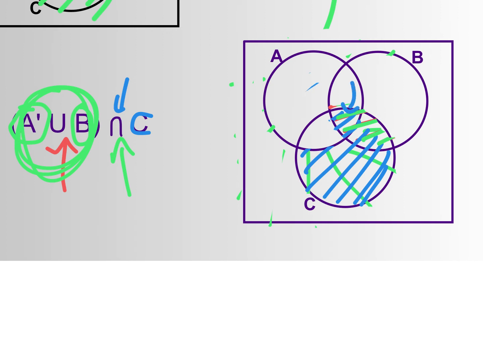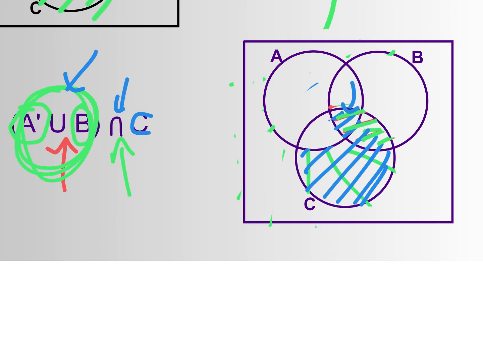That part. Okay. Let me ask you this question. Is that part in the middle, should that get shaded by C? Yes. Okay. Should that get shaded by that combo over there? Should that area have gotten shaded by not A, union B?